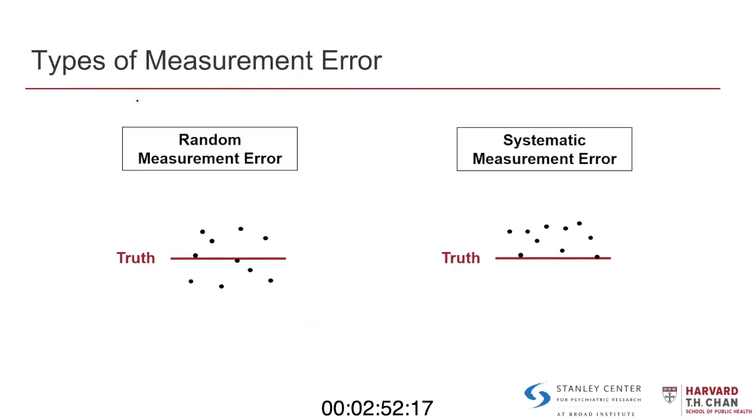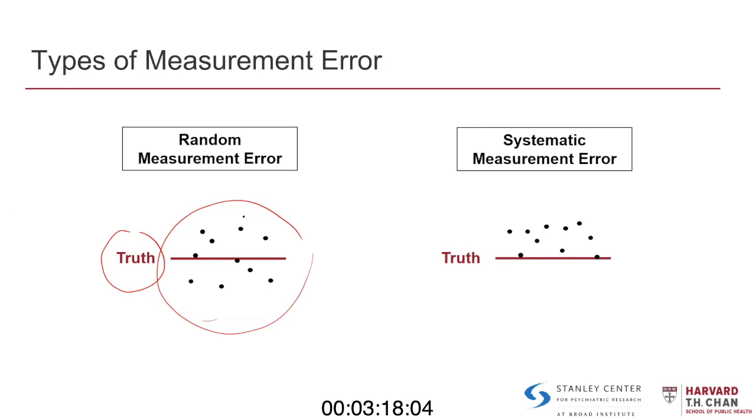So let's look at this diagram to clarify what we mean by measurement error. On the left side, we have random measurement error, where this is the truth, and you can see that there is really no pattern in how the errors are occurring. All measurements are prone to random error. So this could be a normal fluctuation or inconsistency in measurement.